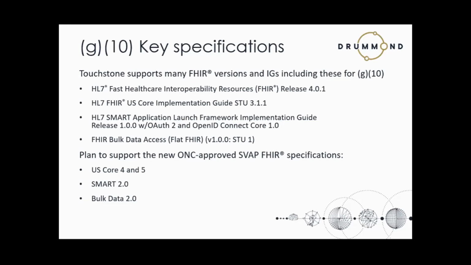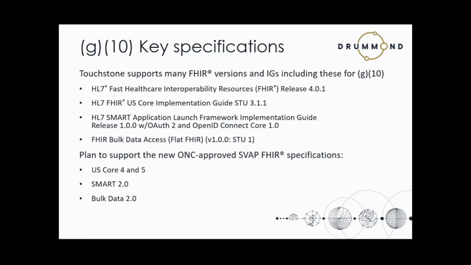So hopefully that helps clear up what the transition from G8 to G10 requirement is from ONC. And finally, I'll just say here, ONC has just recently approved upgraded versions of these specs as part of their standardized version process, so that implementers can choose to use updated versions of these specs and get certified to them as well.